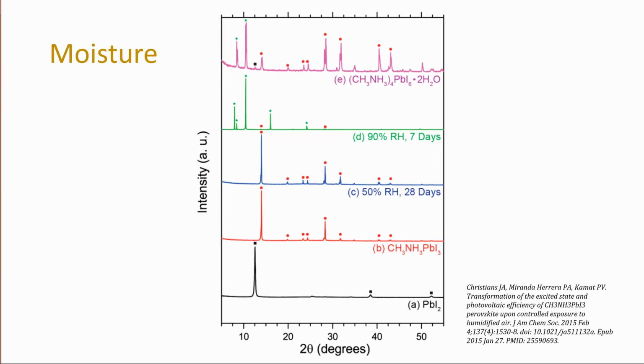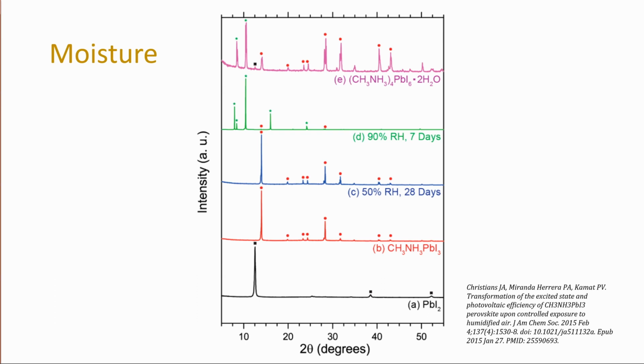To figure out what was happening in the crystal structure, X-ray diffraction data of lead iodide, which is the black line, methylammonium lead iodide, which is the red line, and a synthesized methylammonium lead iodide hydrate, which is the pink line, were taken, and then samples of the methylammonium lead iodide perovskites were exposed to moisture.